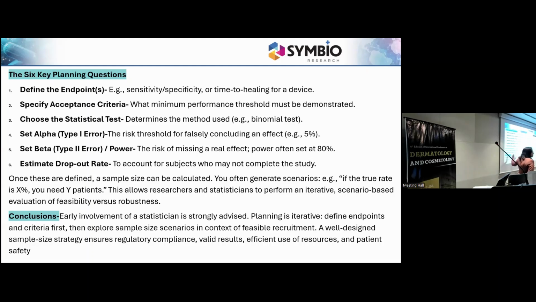Now, this itself takes a lot of effort from a statistician, especially in an injectable clinical trial these days, because all the previous ones were not necessarily done on regulatory guidelines.